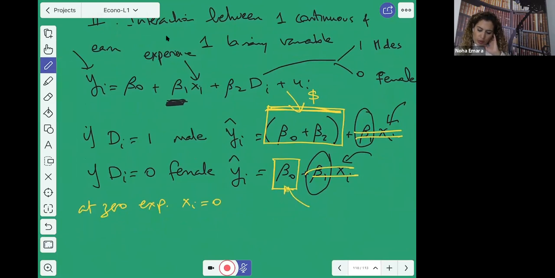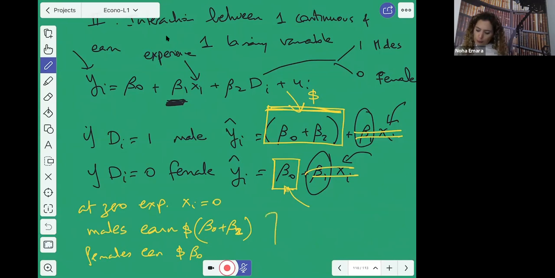So at experience 0, males earn beta naught plus beta 2 dollars, and females earn, on average, remember everything is on average, right? Beta naught dollars. So this is what we call a model with same slope, different intercept.